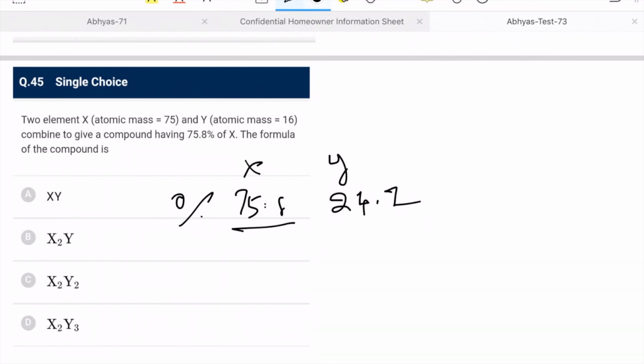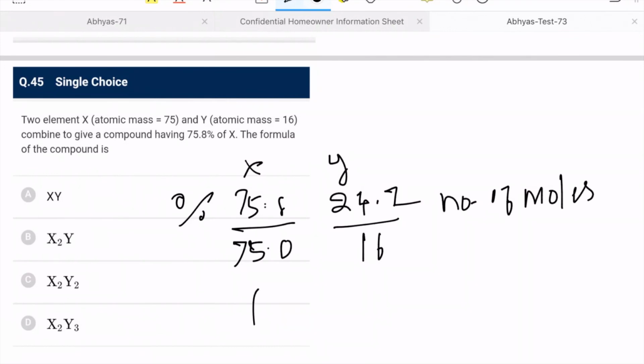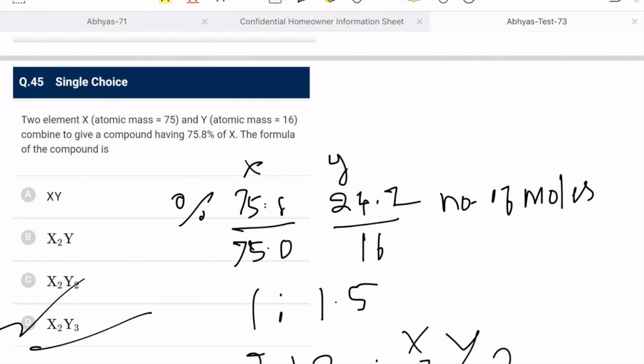So for element X with atomic mass 75, we divide to get the number of moles, and for Y we divide by 16. If you do it, the ratio will come to 1 to 1.5, or otherwise 2 to 3. So this will be the correct option. So X2Y3 will be the correct option.